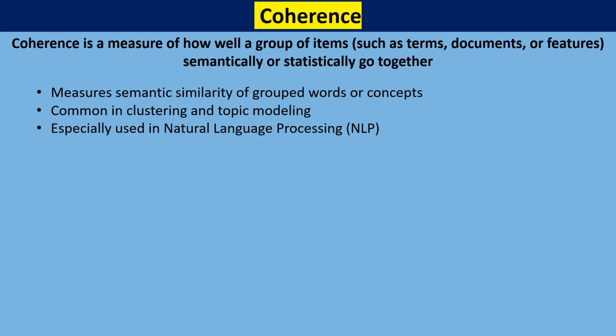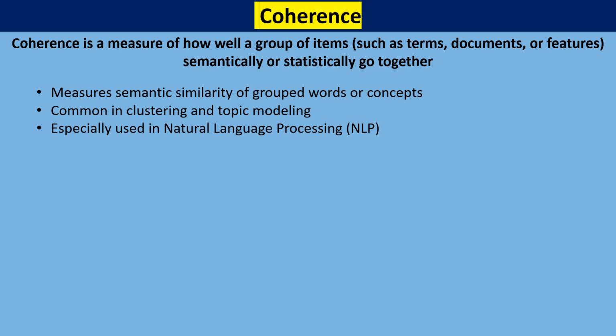Coherence. Coherence measures how well a group of items such as terms, documents, or features semantically or statistically go together. Coherence answers a simple but crucial question: do these terms belong together logically?